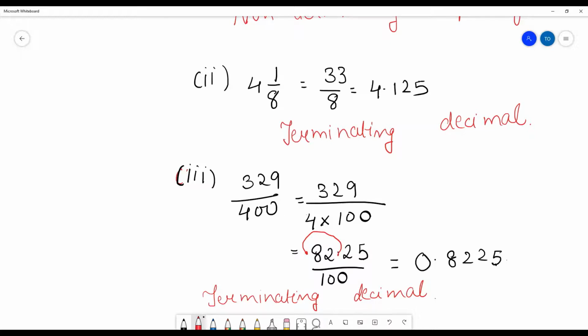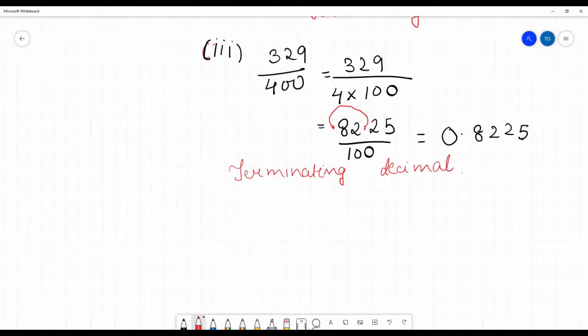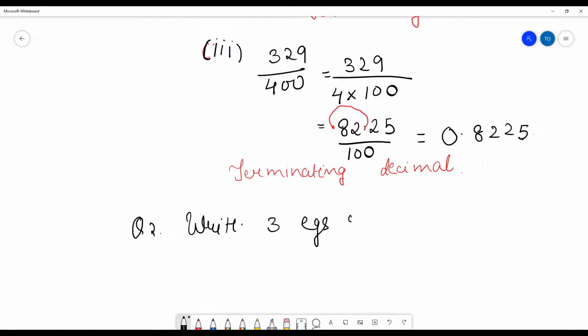The examples of non-terminating and non-recurring decimals. If you are asked to write 3 examples of non-terminating, non-repeating decimals, what are you going to do?